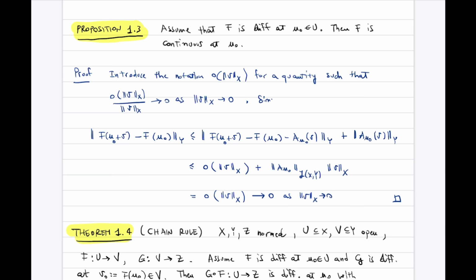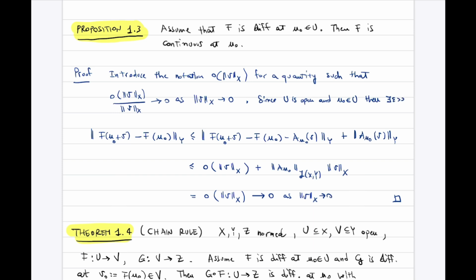So since U is open and u0 belongs to U, then remember we are in a metric space, so being open means that for each point inside the set there is a ball of some small radius which is entirely contained in the set.